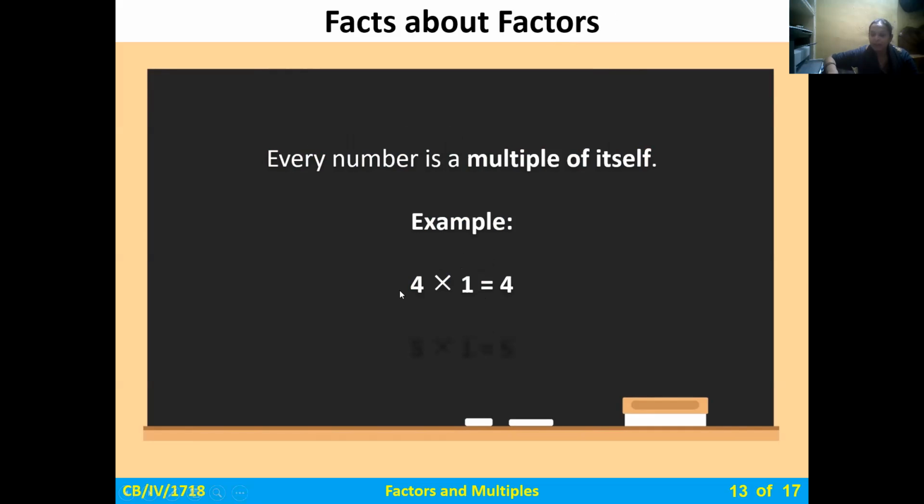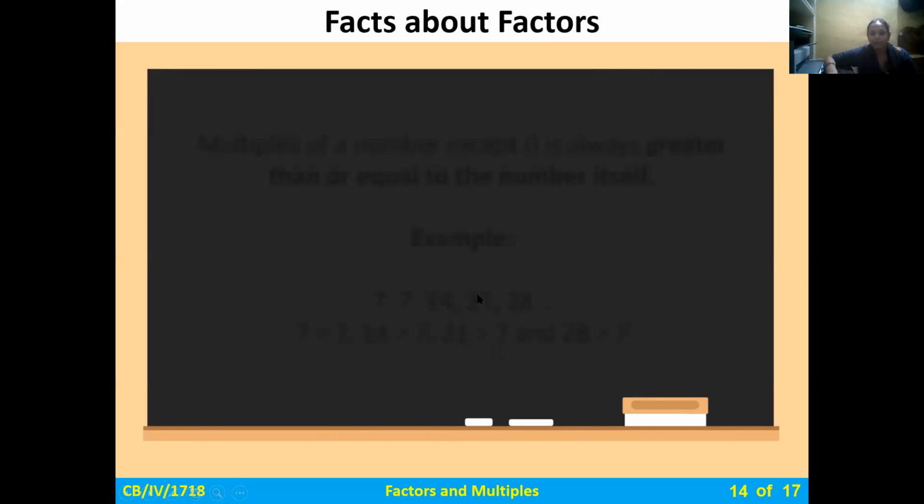Similarly, when you multiply 5 by 1, it is equal to 5. So 5 is also a multiple of 5. Similarly, when you multiply 23 by 1, you get 23 as a multiple of 23.